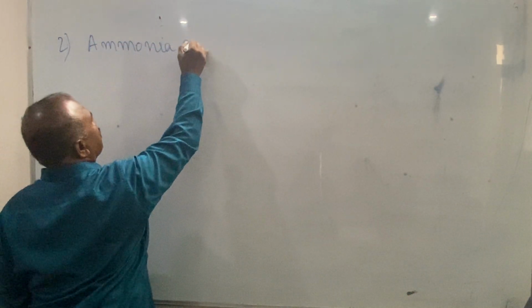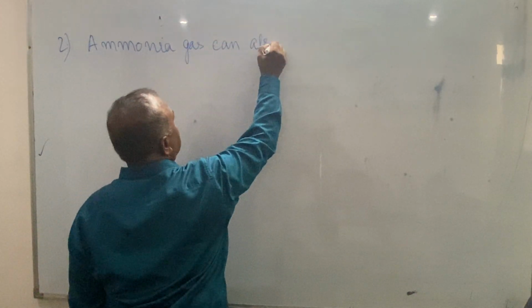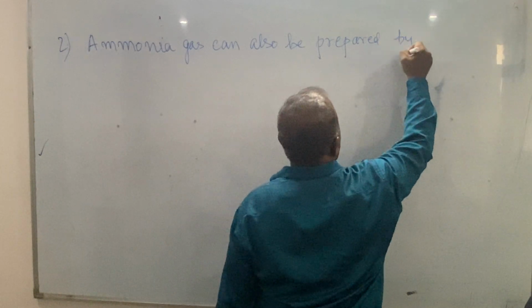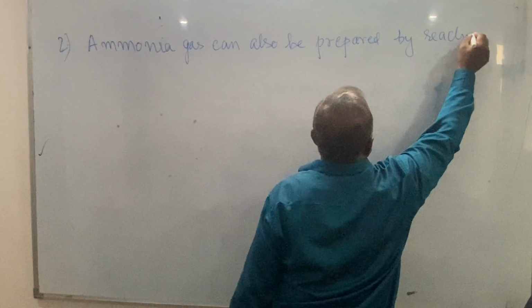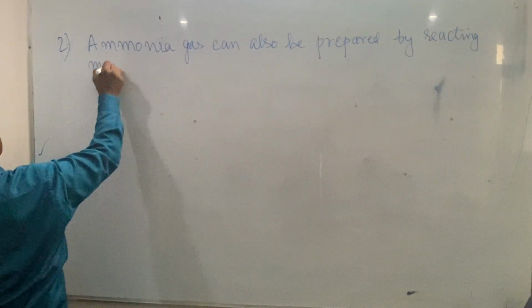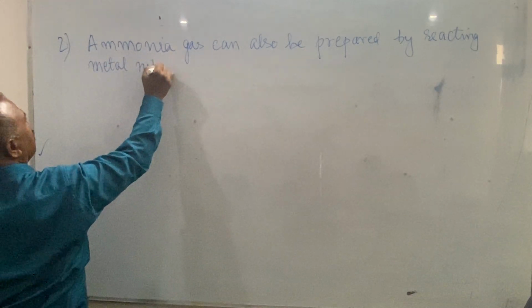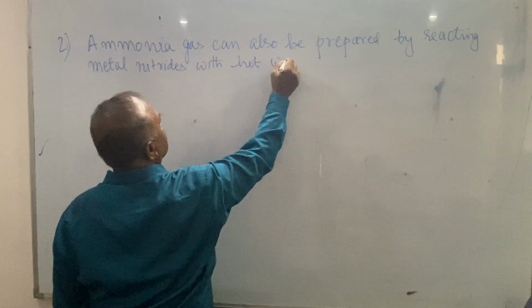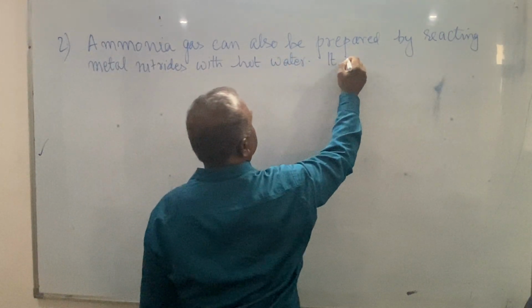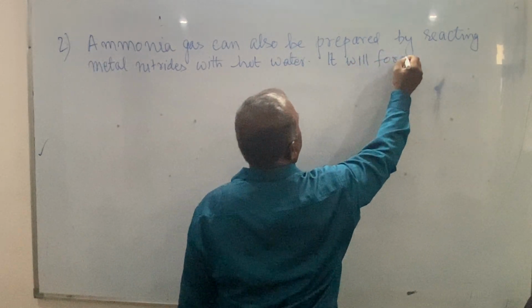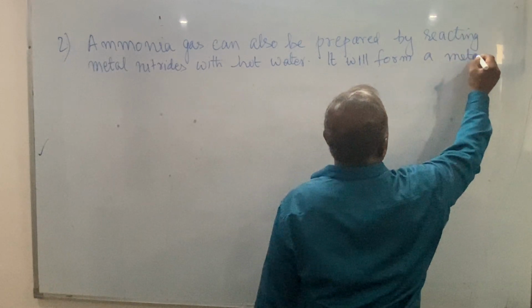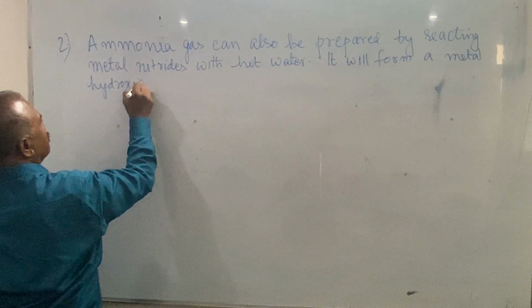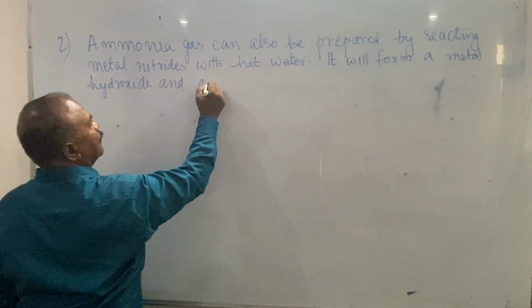Ammonia gas can also be prepared by reacting metal nitrides with hot water, giving metal hydroxide and ammonia gas.